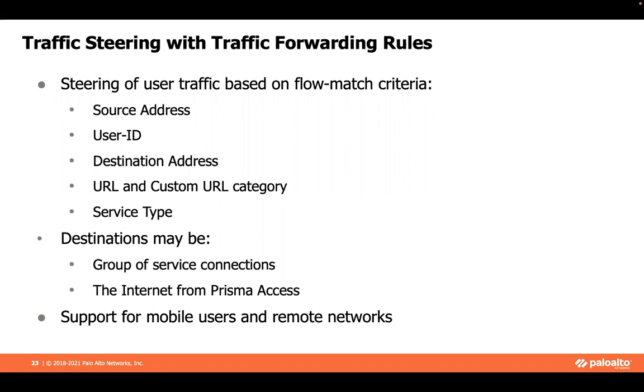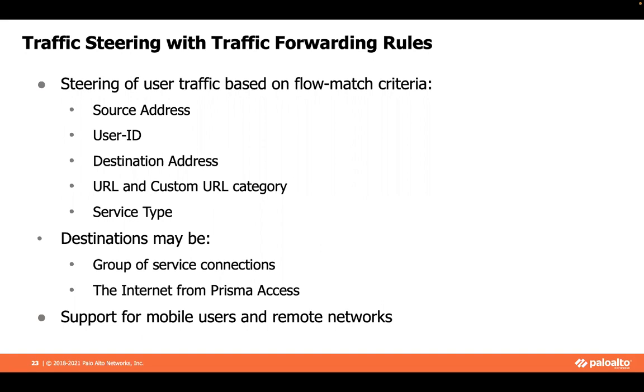If you're going to Yahoo, go through the data center instead, as an example, using IP addresses or using URLs for custom URL categories. I say, hey, if you're going out to Office on Demand, Office 365, go through the data center first. But if you're going to Salesforce, then go the other way. Or if you're going to Facebook, go this way. If you're going to Twitter, go the other way.